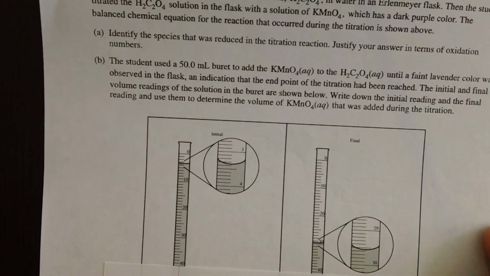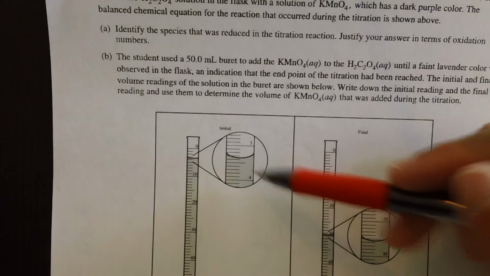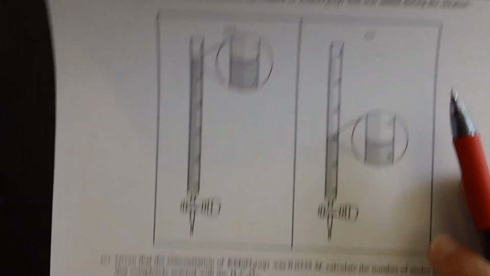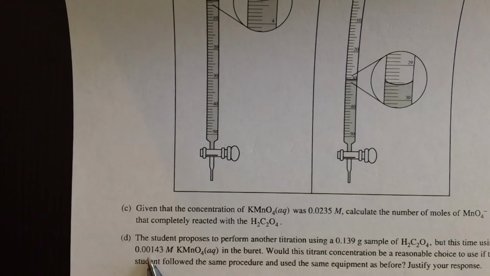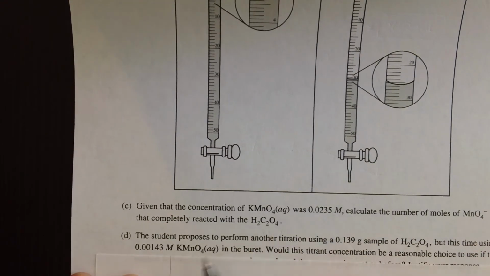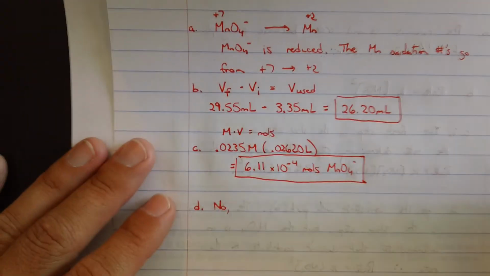When we used 0.0235, it took us 26 mL, half the volume of the burette. If we cut the concentration down, in this case not in half, but down, I don't know, 20 times, right? And if we cut the concentration down 20 times, what has to happen to the amount of volume we need? It has to go up 20 times.